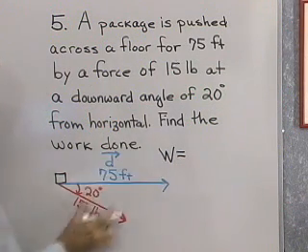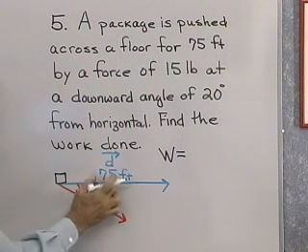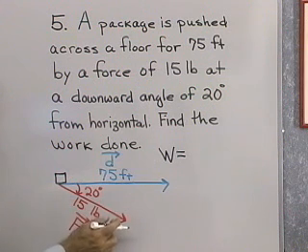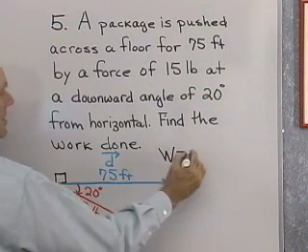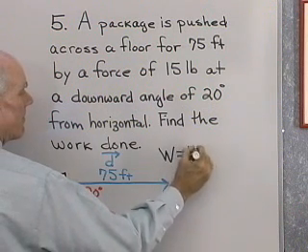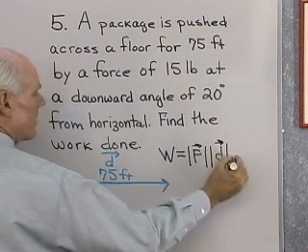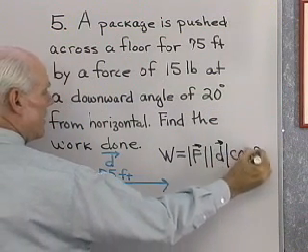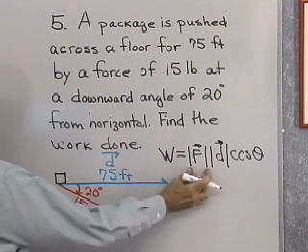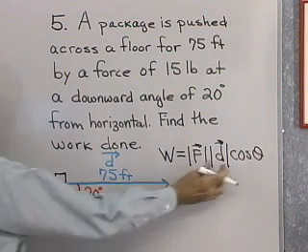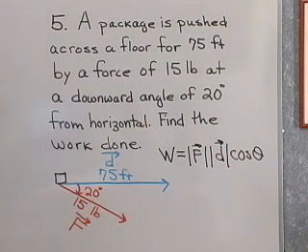We could take the dot product of these two vectors, which would involve writing this vector in terms of its horizontal and vertical components, but we can also use a second formula that's in the book, which says that the work done is the magnitude of the vector F times the magnitude of the vector D times the cosine of the angle between them. Well, if I have this formula, the magnitude of F is just 15, the magnitude of D is 75, and I have the angle between them, which is 20 degrees.